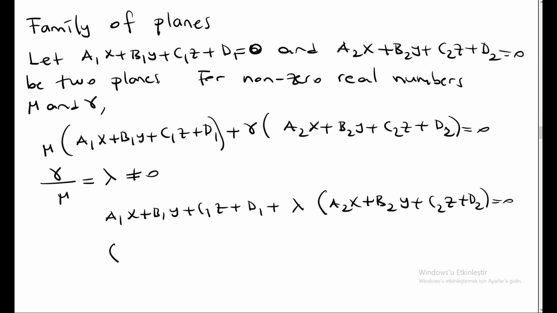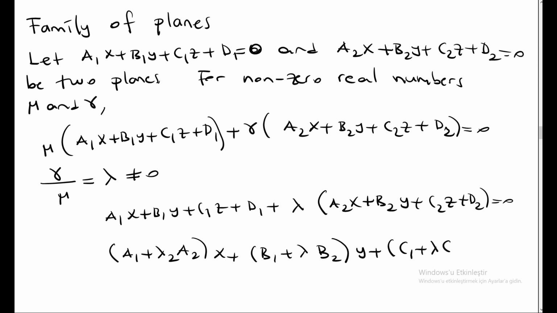Or you can write A1 plus lambda A2 times x, B1 plus lambda B2 times y, and C1 plus lambda C2 times z, plus D1 plus lambda D2 equals 0.